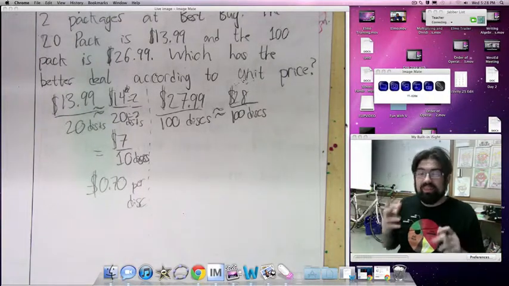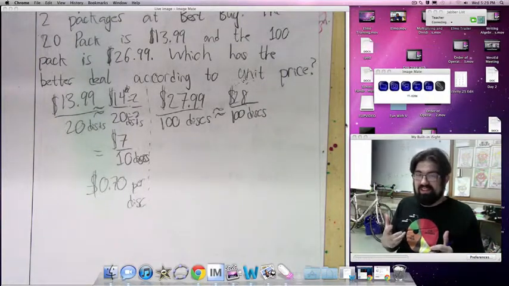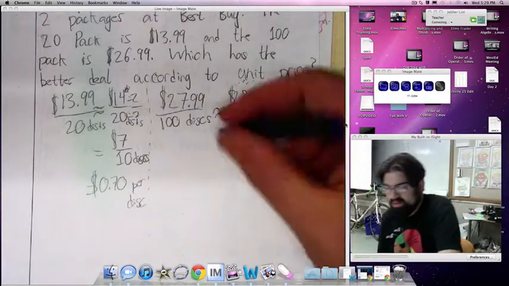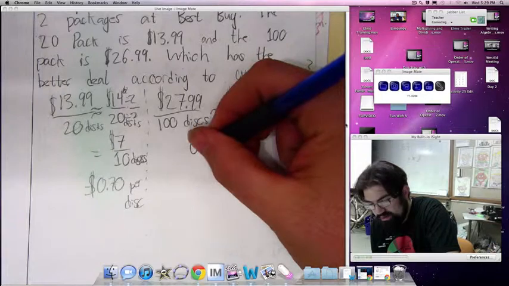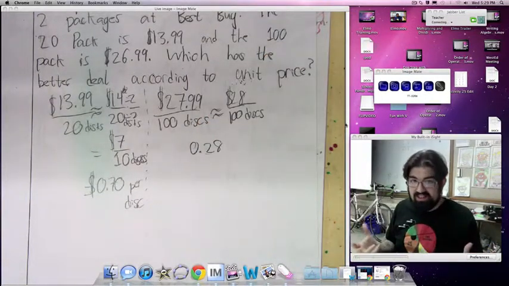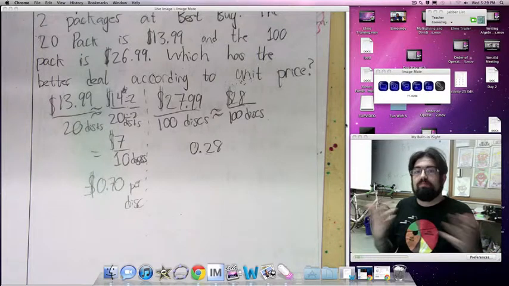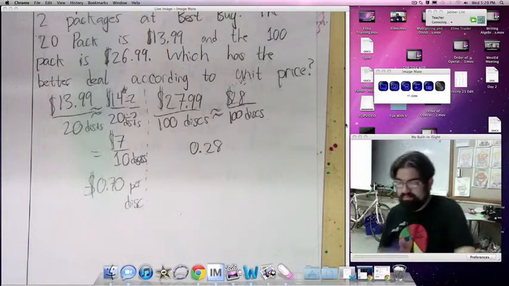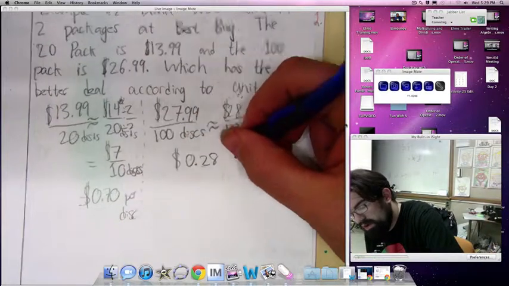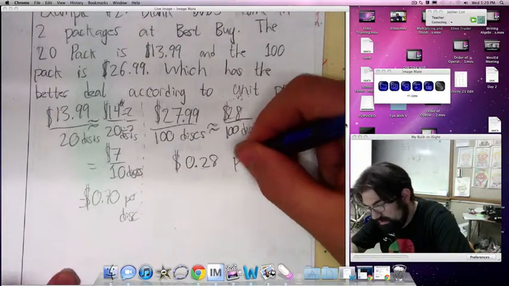Hey, that's really easy actually. 28 over 100, I can turn into a decimal like that. Remember, decimals: the first number is the tenths place, 8 is the hundredths place. That's the magic of multiplying and dividing with 10 and 100. So this is about 28 cents per disc.